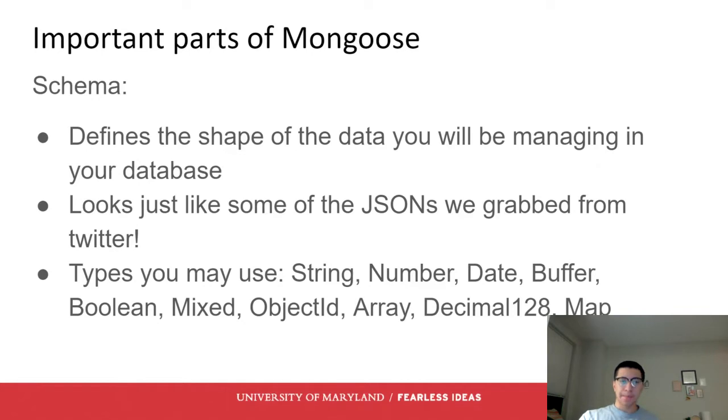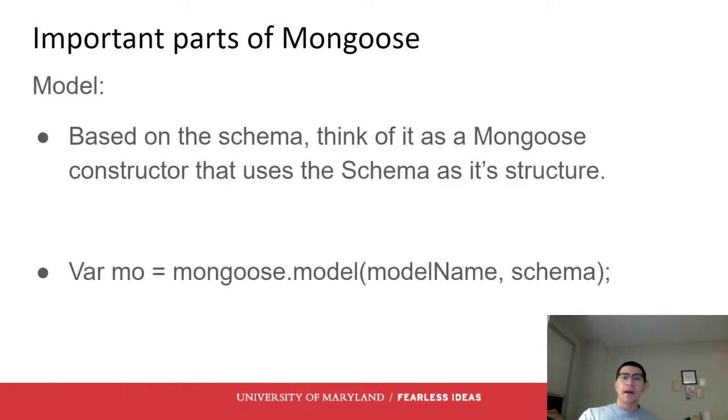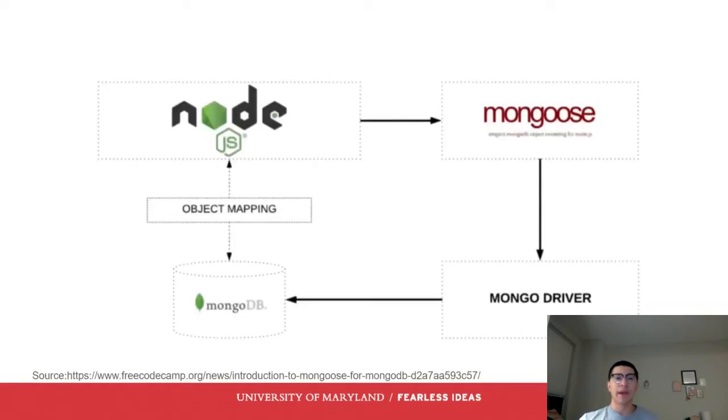And so you need to be specific. All right. Last part here, I believe. Yeah, last part here. So based on the schema, so the rules that we create, we will create a model. And so this is essentially where we will be communicating with the database, so actual MongoDB. So the model itself is being created based on the schema, and then we will be able to communicate from there.